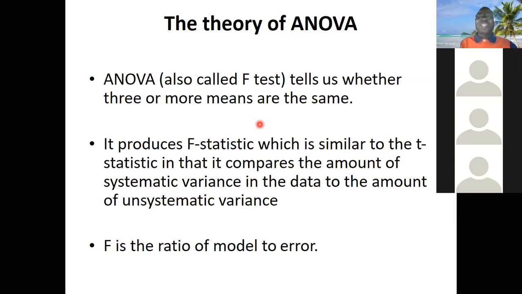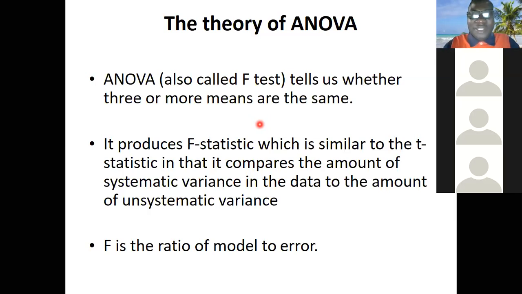It's somehow the same logic as any other test, because I've already said that all hypothesis tests are the same thing. What they look at is the systematic variance over the inherent variance, the non-systematic variance.